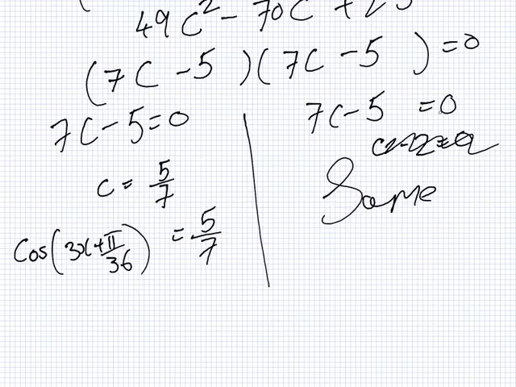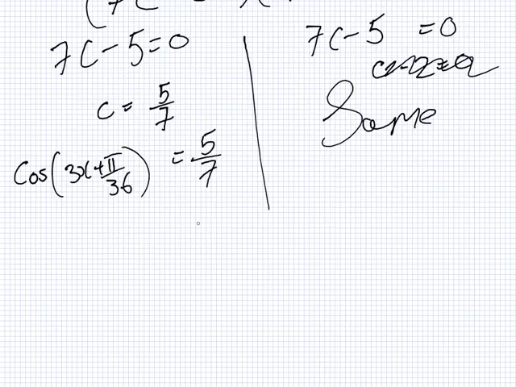Cos inverse 5 over 7. So my first answer is 0.7752. How do I get my second answer for cos? Yeah, now if it's radians, it's not 360, it's 2 pi.